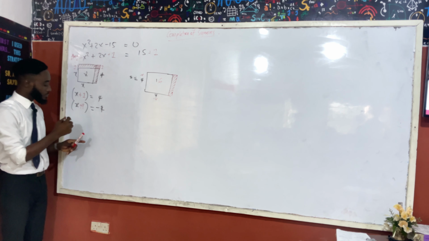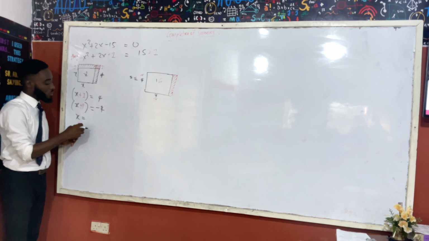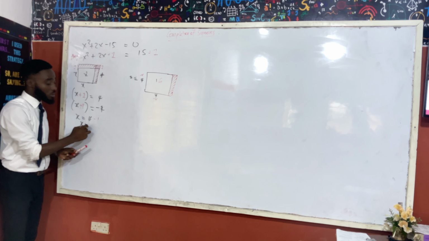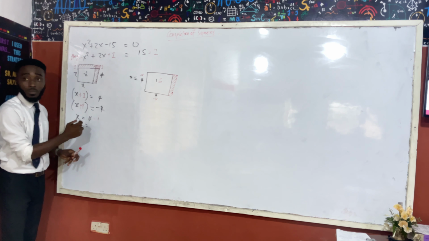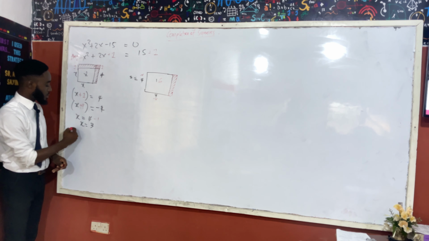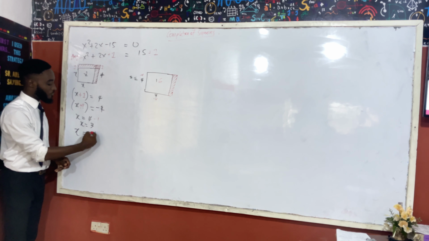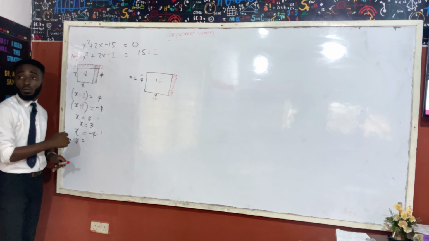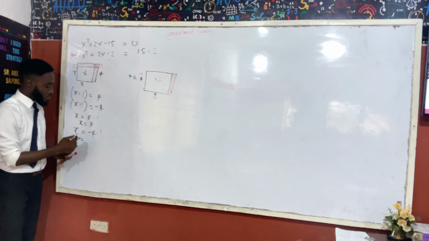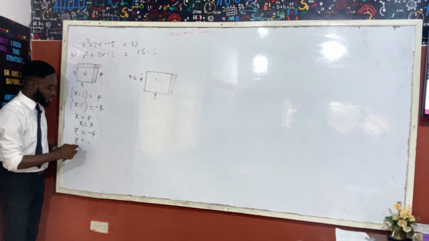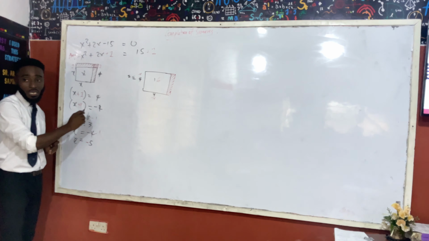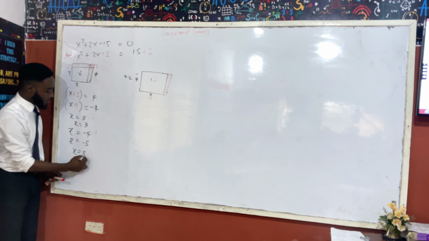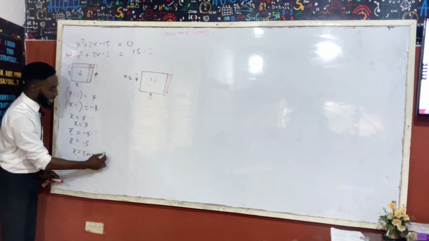So I would have x equal to 4 minus 1, giving me x equal to 3. Or x equal to minus 4 minus 1, where x will be equal to minus 5. So it means that the two values for x will be either x equal to 3 or x equal to minus 5.